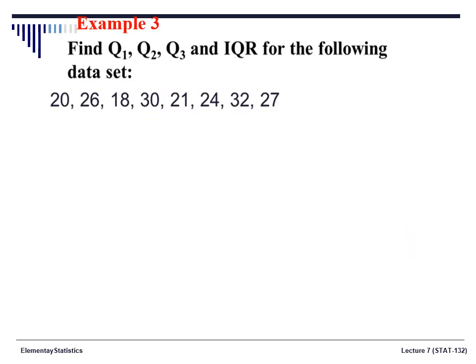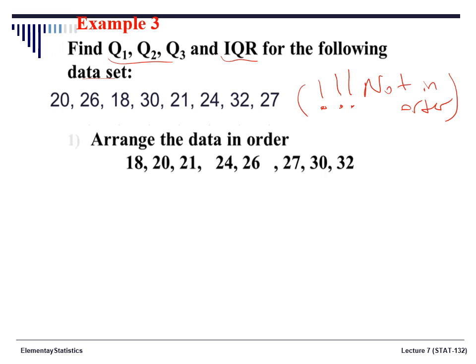Okay, let's look at this question. It says find Q1, Q2, Q3, and IQR for the following data set. The first thing you have to do is order it. So be careful here, this is very important. It's not in order, so you have to arrange the data in ascending order, from the smallest to the highest.